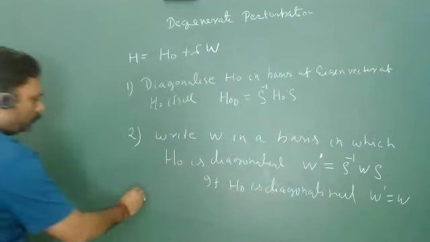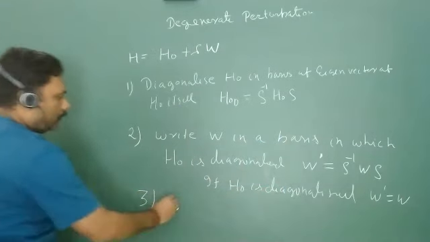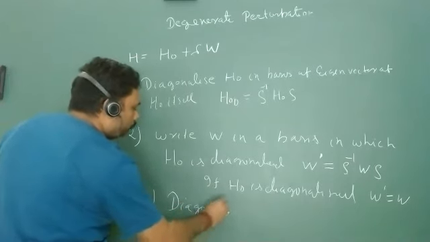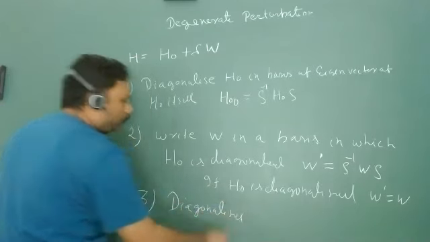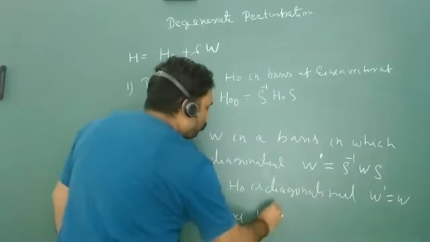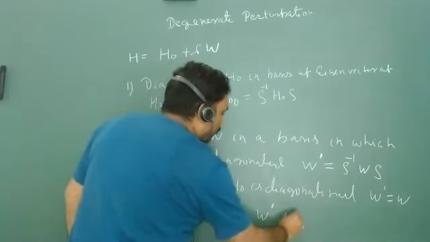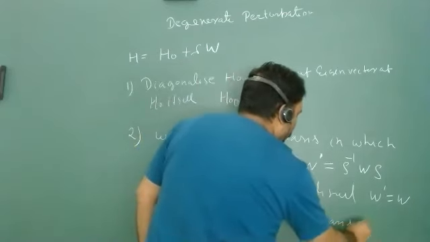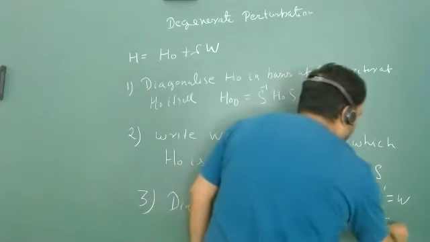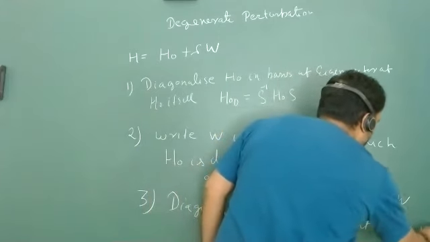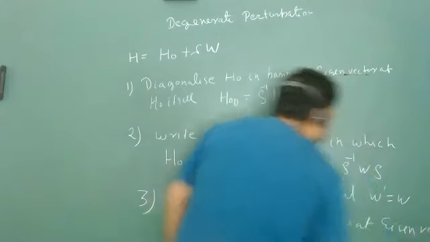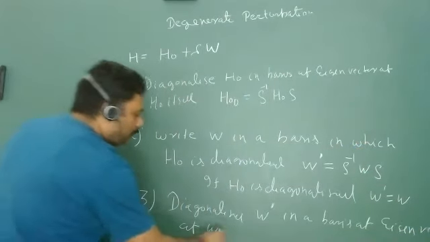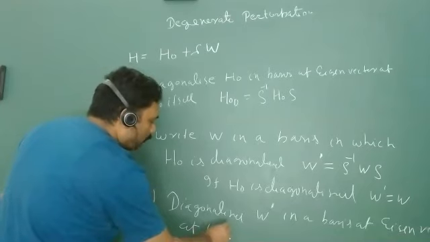And third, and the last thing, diagonalize W dash in a basis of eigenvectors of W dash.